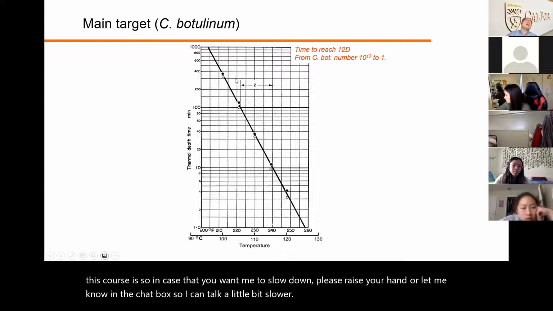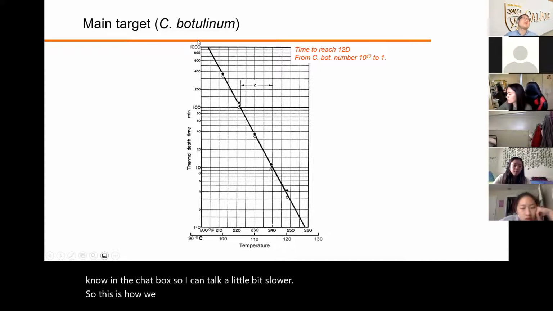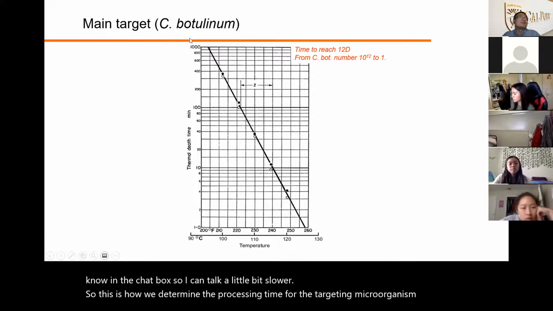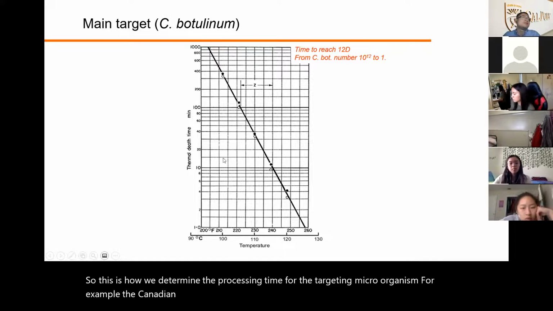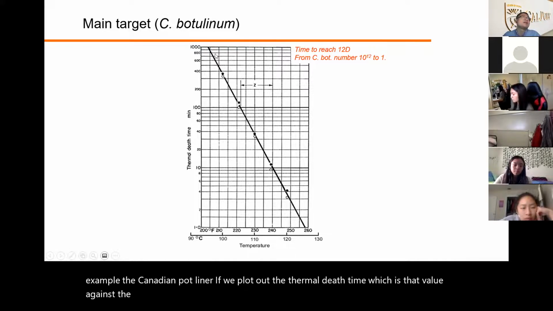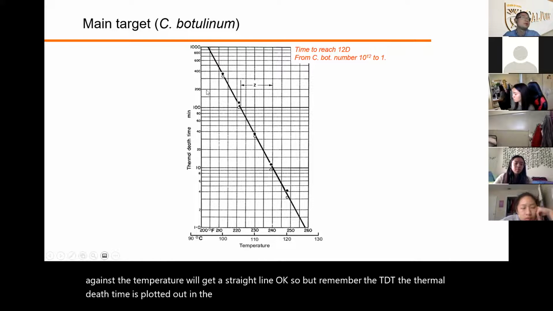So this is how we determine the processing time for the target microorganism. For example, for Clostridium botulinum, if we plot out the thermal death time, which is the F value, against the temperature, we'll get a straight line. Remember, the TDT, the thermal death time, is plotted on a semi-log plot, right?